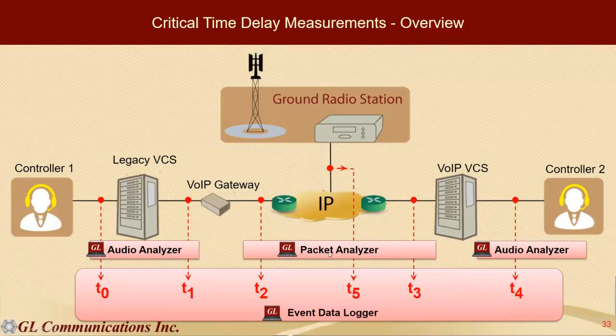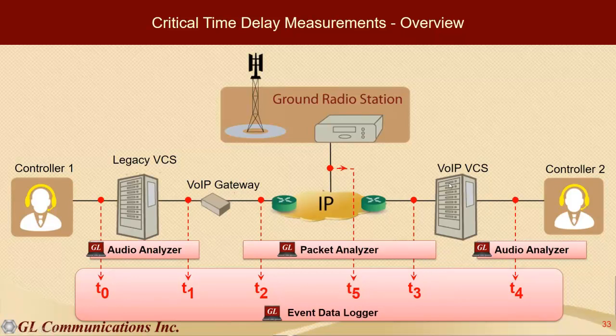But both of these products are the building blocks to allowing us to do measurements from T0 to T2, from T0 to T3, wherever you want to go to and from, and we can show you. So you can isolate, for instance, from T3 to T4.